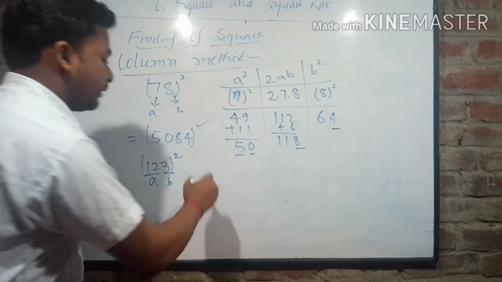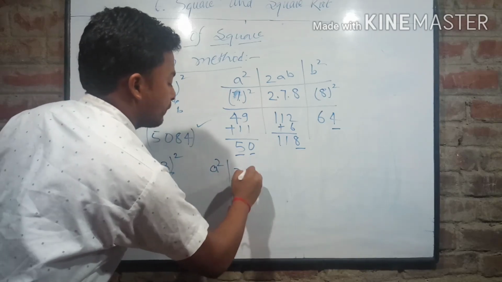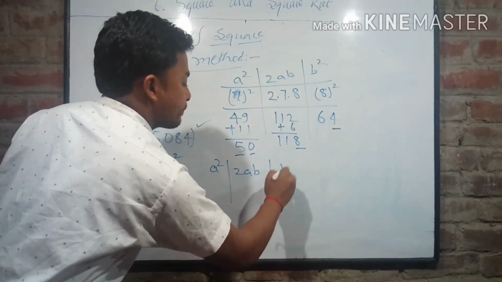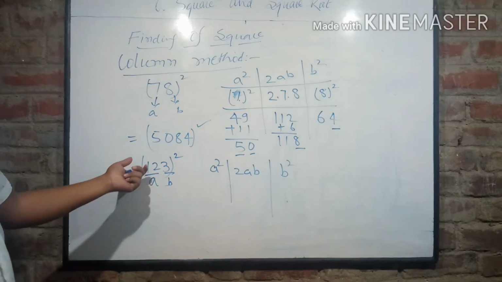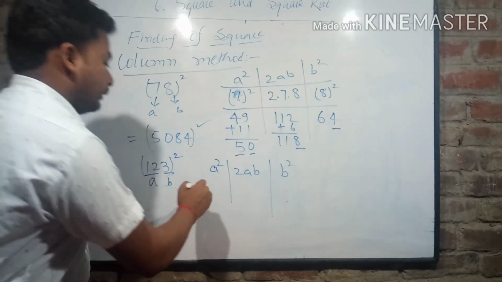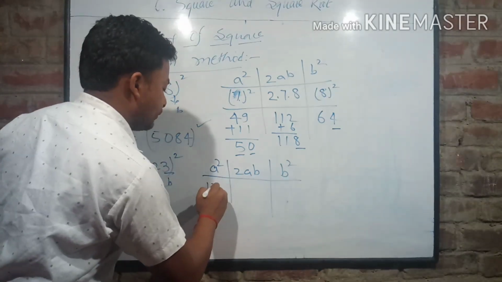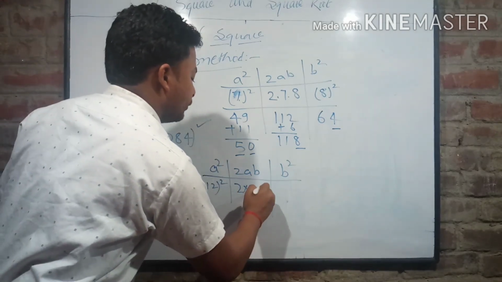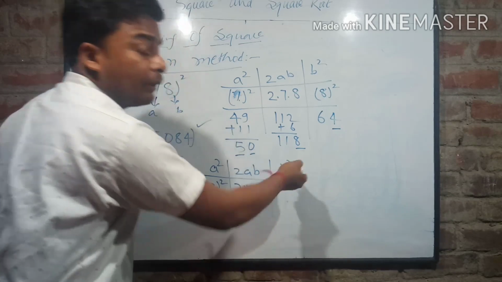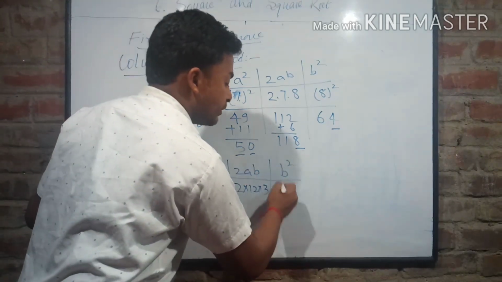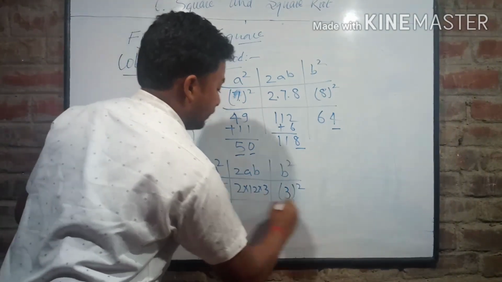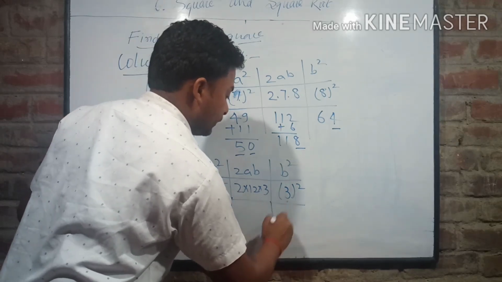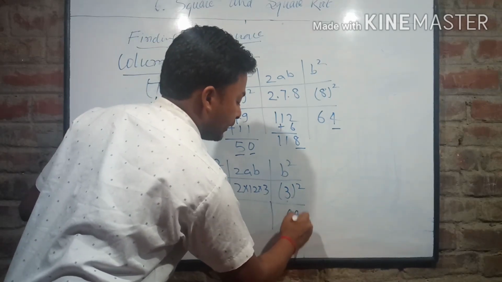Now we will apply the same. A square can be written as 12 square, then 2 into 12 into 3, and what is B square? Nothing but 3 square. Now my dear, what is the final result? 3 square can be written as 9.